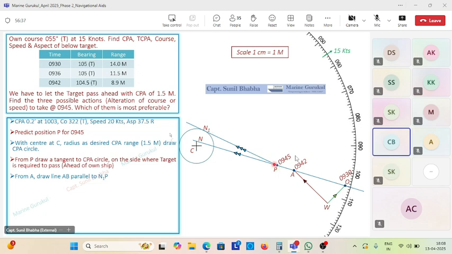That is our new line of approach. So parallel to new line of approach, we draw a line from point alpha. You can use whichever plotting tool you have, set square, parallel ruler or sliding ruler. So from point alpha, we draw a line parallel to our new line of approach, that is Papa November 1. You can see that line coming up.